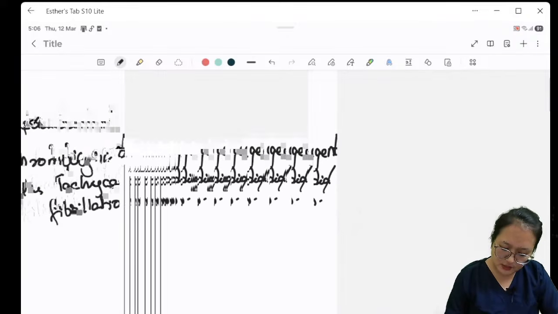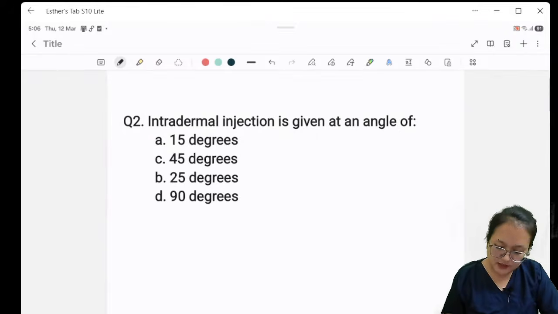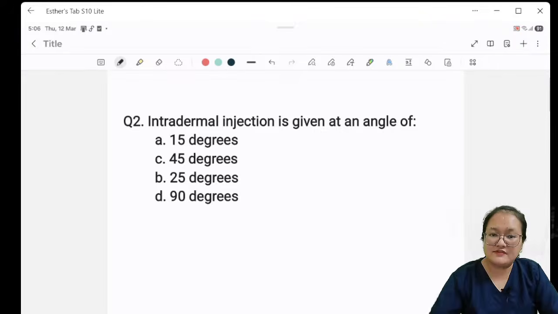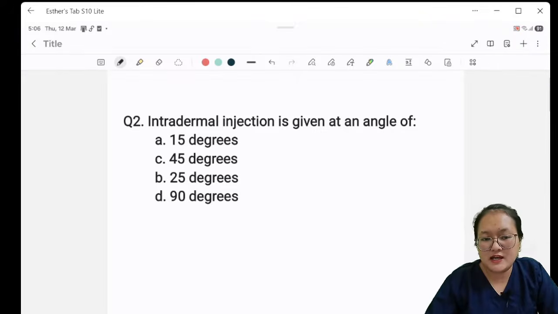Going to the next question, we have: intradermal injection is given at an angle of. So when we give any kind of intradermal injection, at which degree do we give it? First we have 15 degree, then 45 degree, then 25 degree, and 90 degree. Which is the right answer?